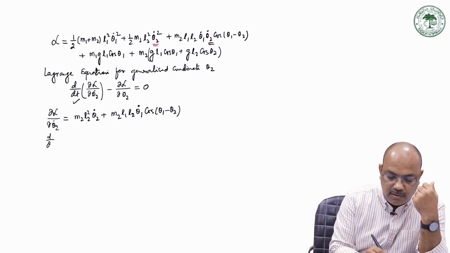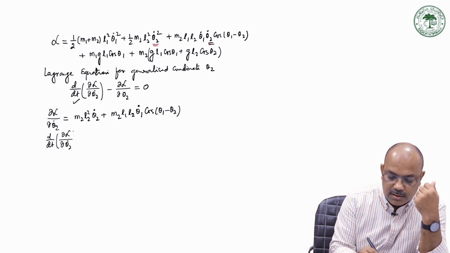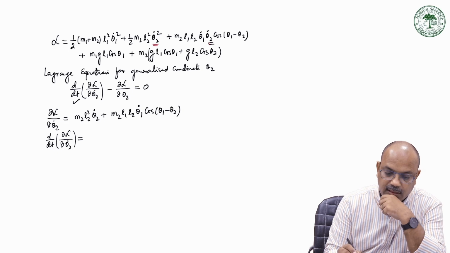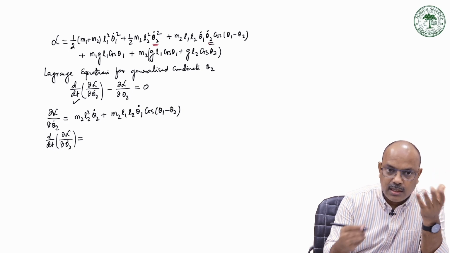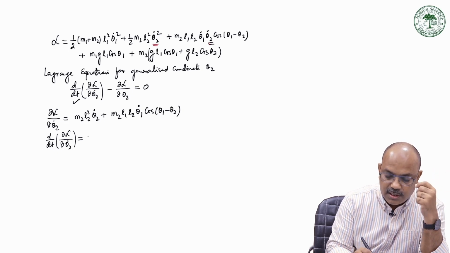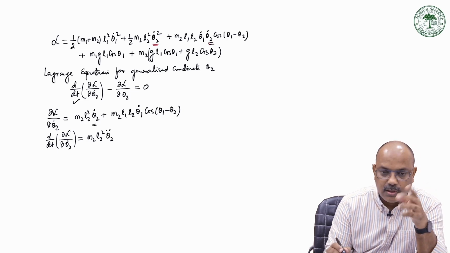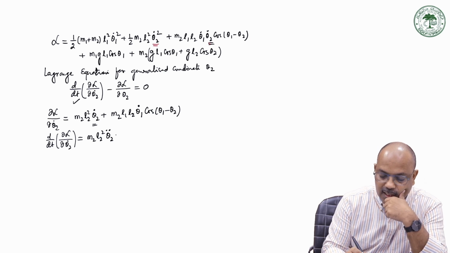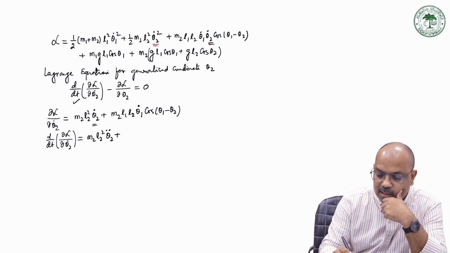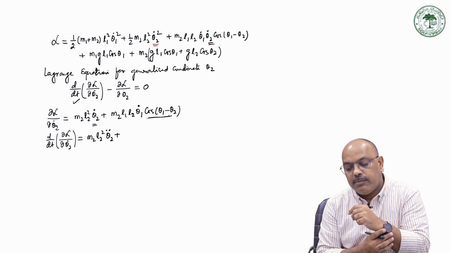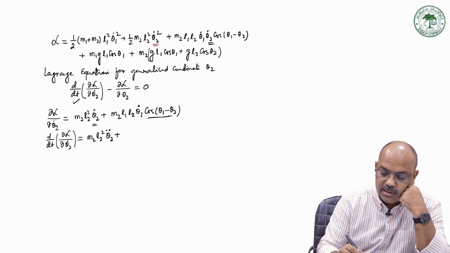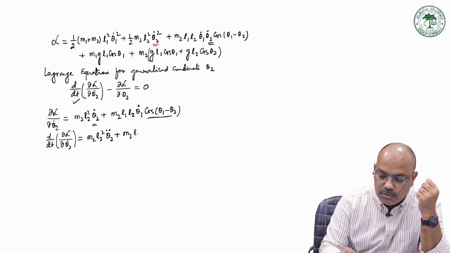So d/dt of this delta L by delta theta 2 dot: I can differentiate it with respect to time. That is going to be first m2 L2 square theta 2 double dot. You can see here theta 2 double dot is there. And then from here itself, I have told you that you have to be careful about doing this theta 1 minus theta 2. So this is going to be m2 L1 L2.